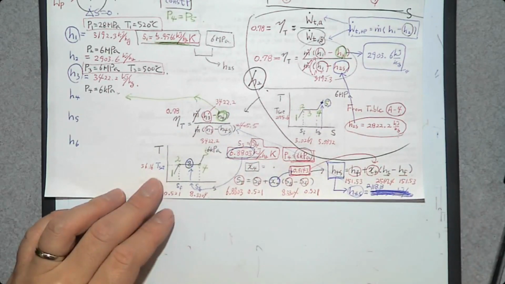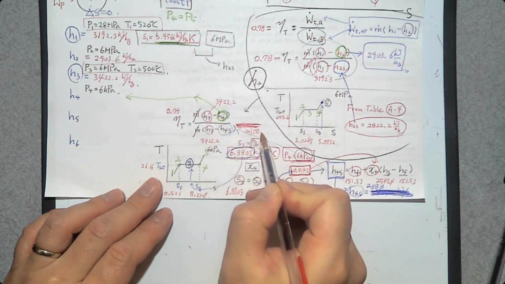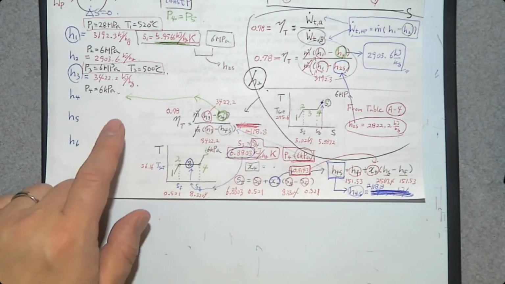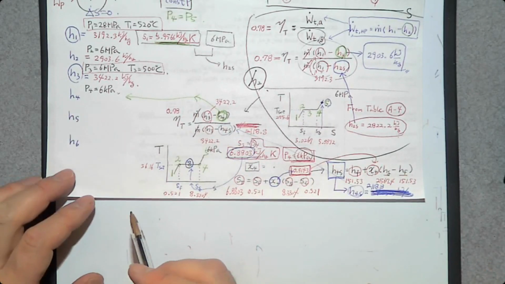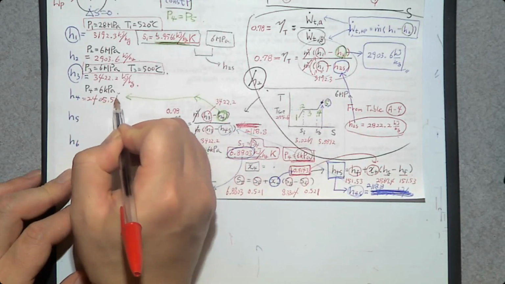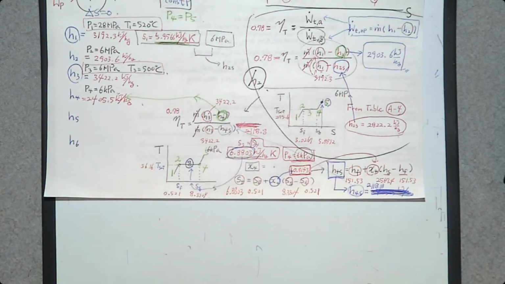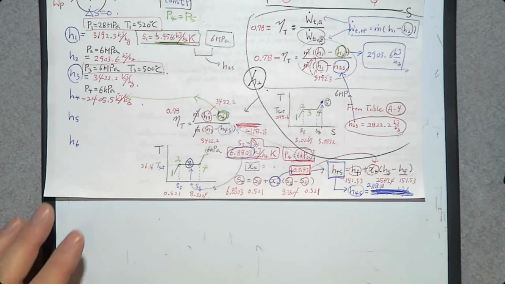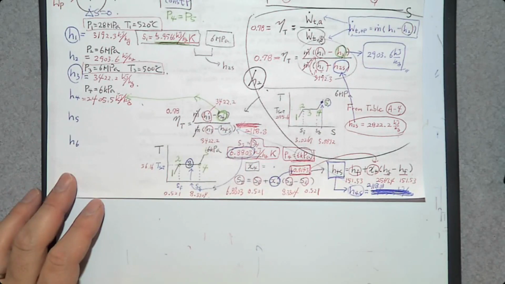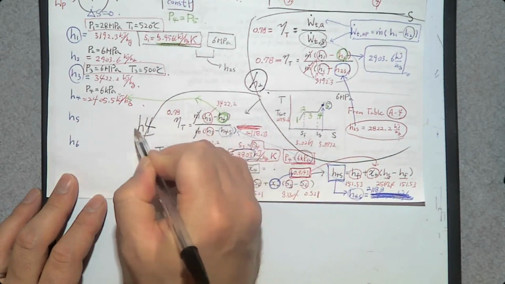Then H4 is 2405.5 kilojoule per kilogram. So this section is for H4.